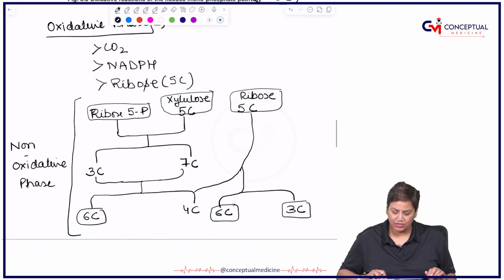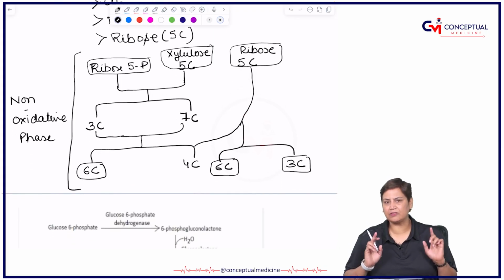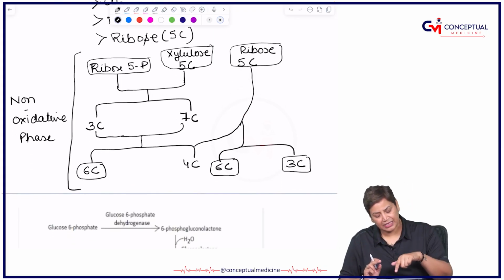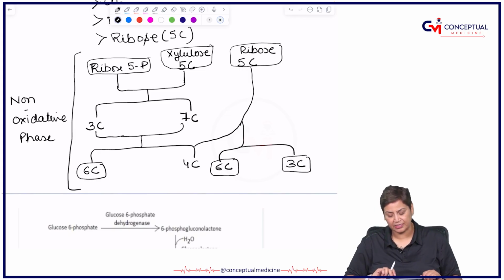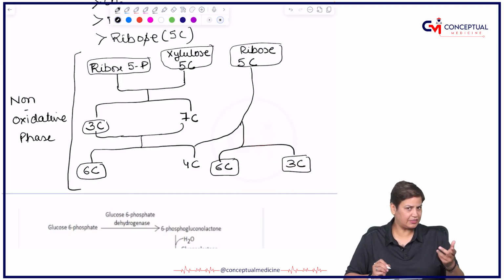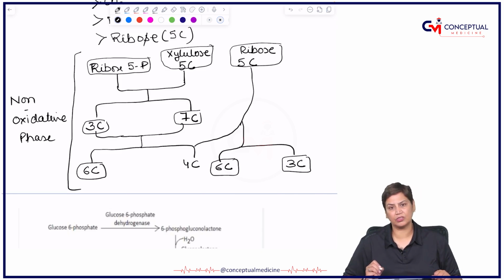But the main thing which you have to remember here is that this 5-carbon atom combines with a 5-carbon atom and it splits up into a 3-carbon atom and a 7-carbon atom. This 3-carbon atom is obviously glyceraldehyde and the 7-carbon atom is sedoheptulose 7-phosphate. Then this 7-carbon atom again combines with 3 carbon atoms, again 10 carbon atoms, and it splits up to form a 6-carbon atom and a 4-carbon atom.